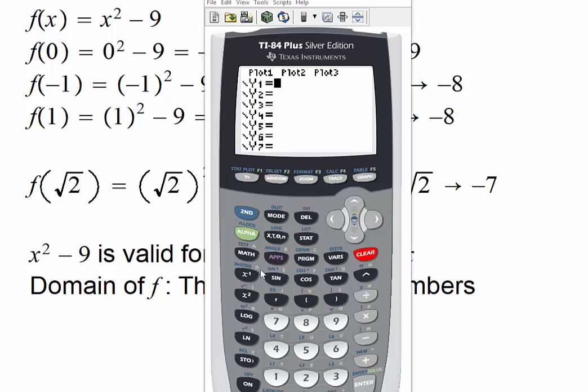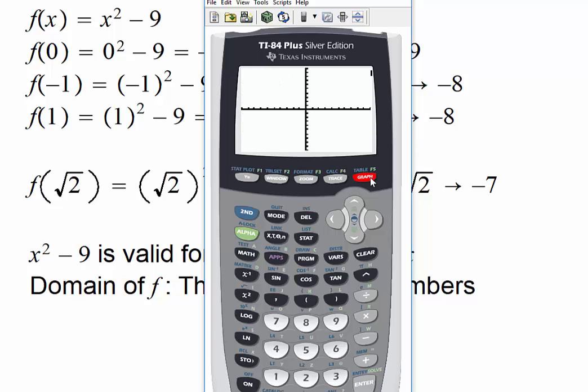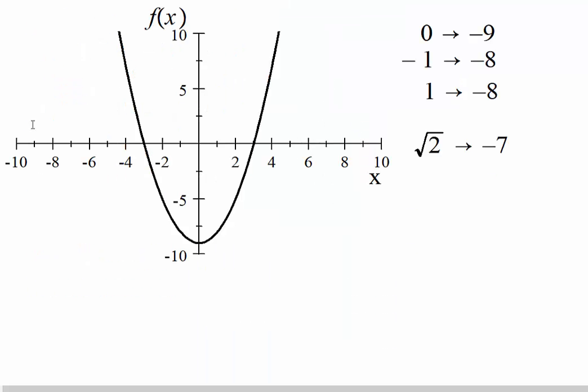Now, since a graphing calculator is our companion, we may go ahead and look at a graph of this function. You can see it's a quadratic, a parabola opening up, and we have an output for all the real number inputs here. Look at it another way, here is another picture of the graph, and we had obtained these values in the beginning. We note that we are assigning 0 the value -9.